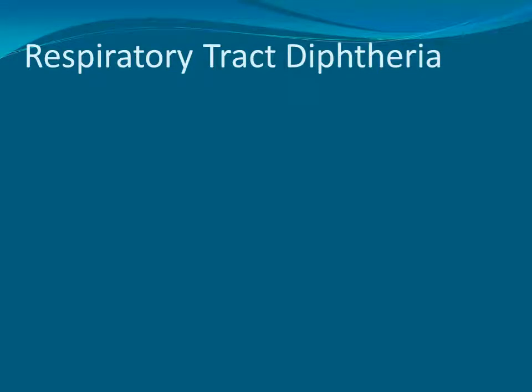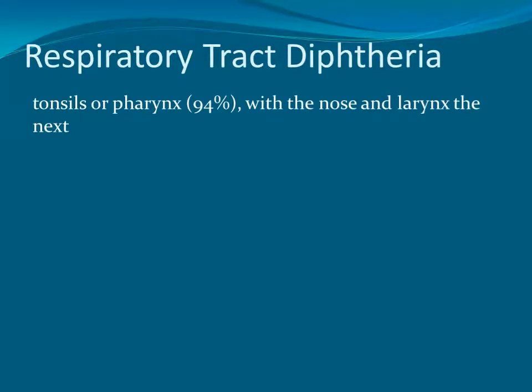Respiratory tract diphtheria involving the tonsil or pharynx is responsible for 94% of sites of infection, with the nose and larynx the next sites of infection. The incubation period is 2 to 4 days.